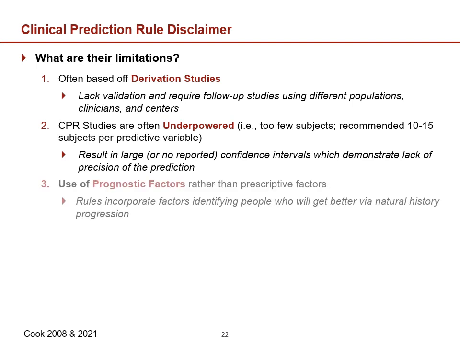Oftentimes the variables used within the CPRs are prognostic factors rather than prescriptive factors. That means that the rules incorporate factors that identify people who will get better via the natural history progression, irrespective of the intervention they are given.